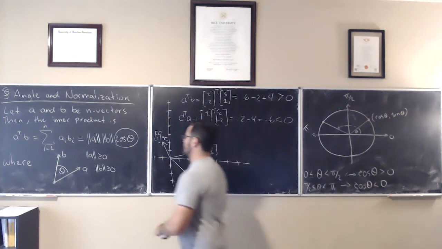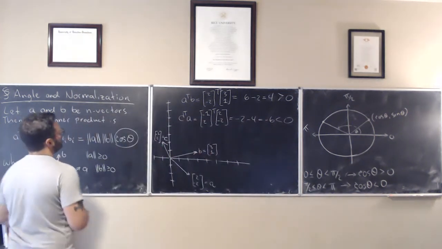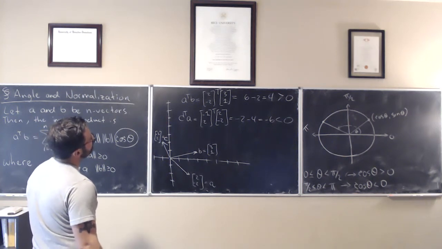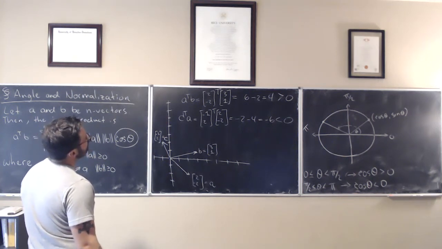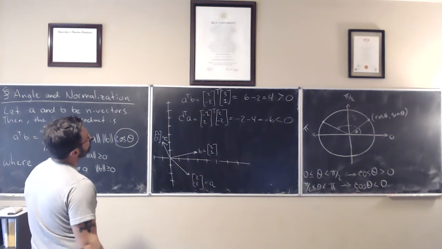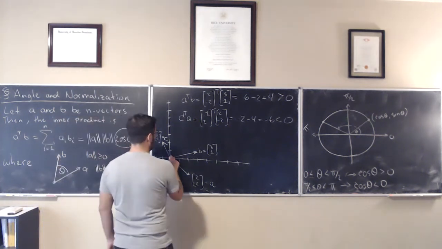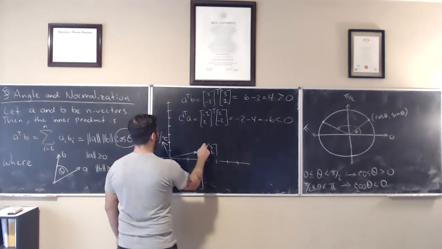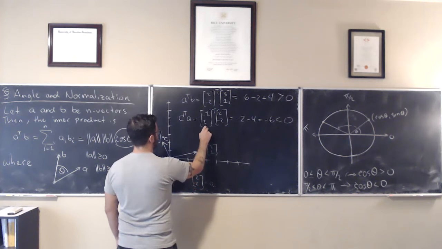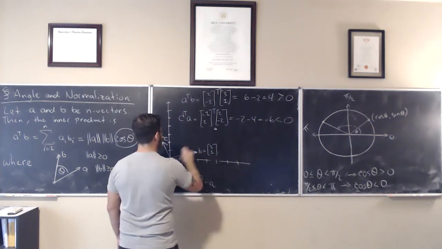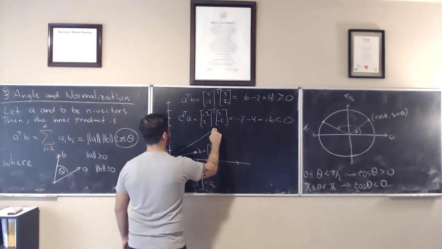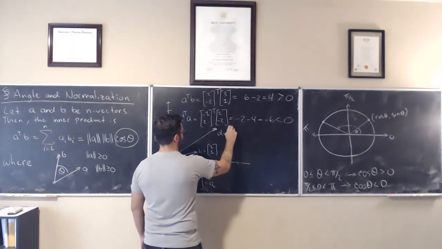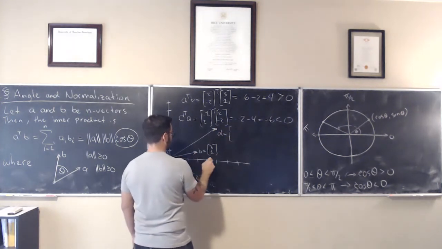Like maybe, let me look at 4 and 5. So like 1, 2, 3, 4. I'll call this one D, and that's going to be 3, 4.